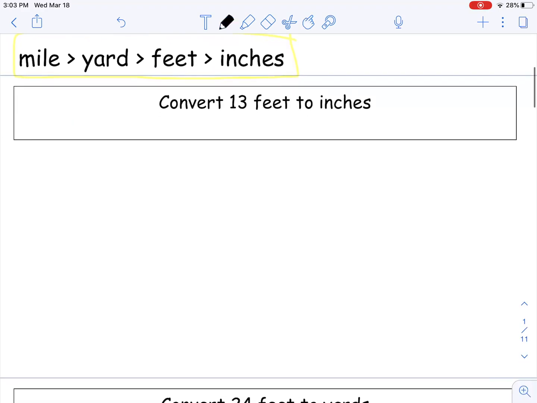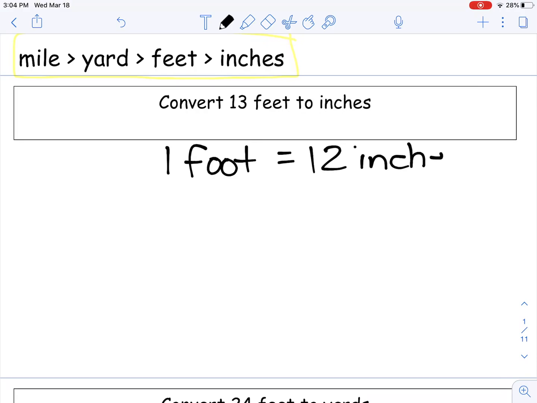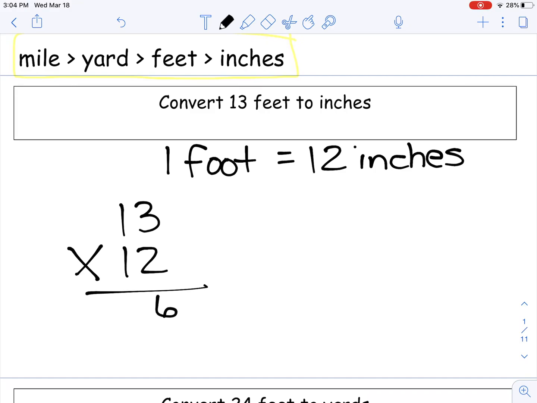Warm-up problem number 1, we're going to convert 13 feet to inches. So we need our conversion for feet and inches. 1 foot is equal to 12 inches. And we know feet are bigger than inches, so big to small is going to be that multiplication sign. And we're going to multiply 13 times 12. 2 times 3 is 6, 2 times 1 is 2.